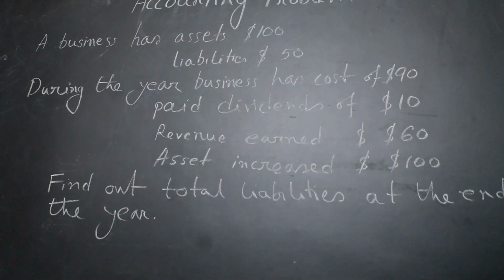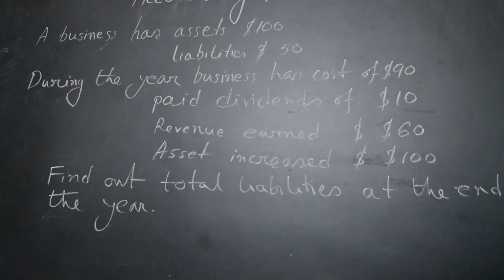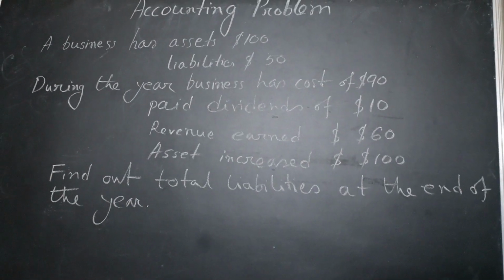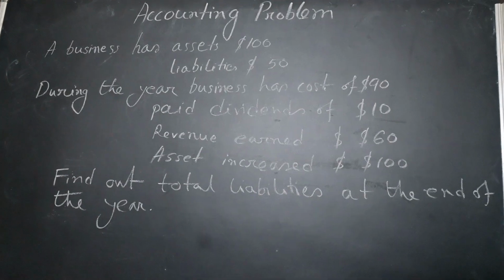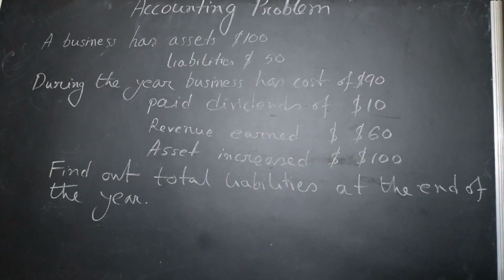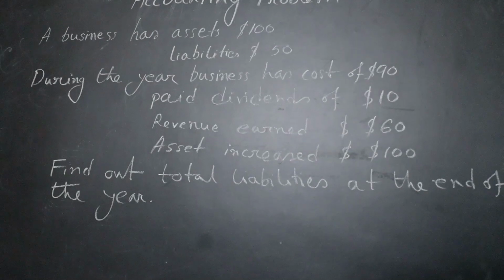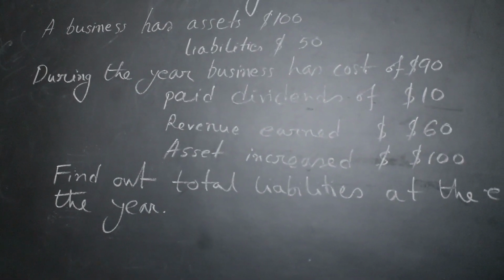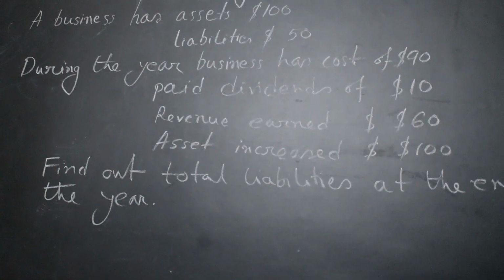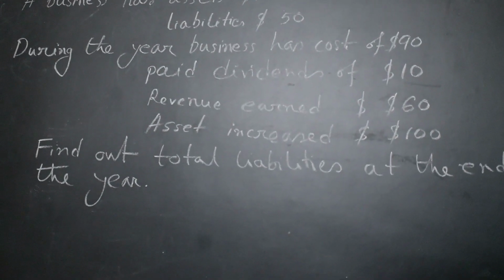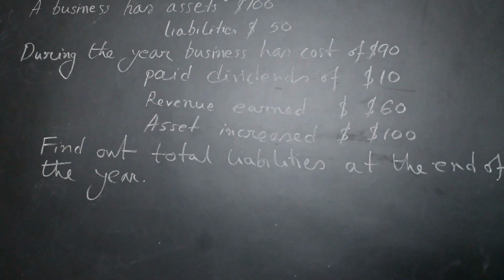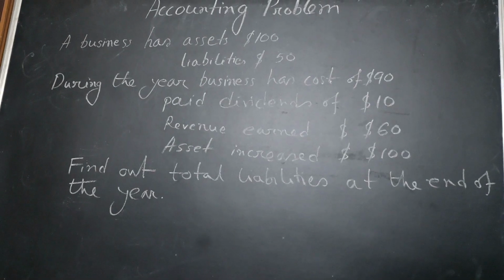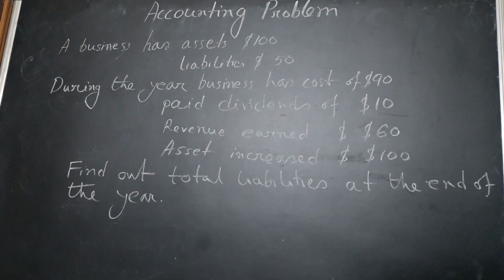At the beginning the liabilities are $50. During the year the business has a cost of $90, paid dividends of $10, revenue earned $60, and assets increased $100. So find out total liabilities at the end of the year.